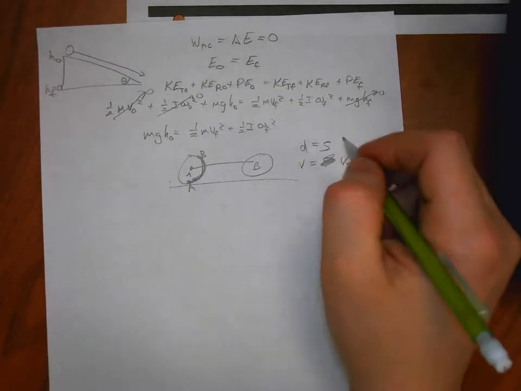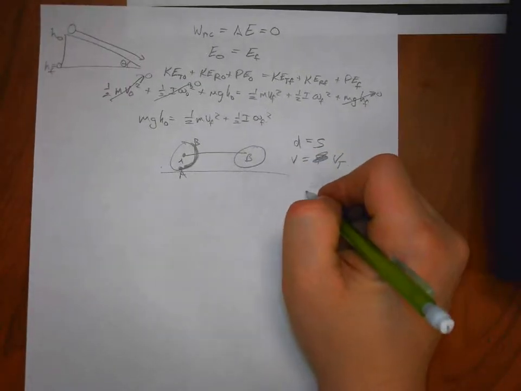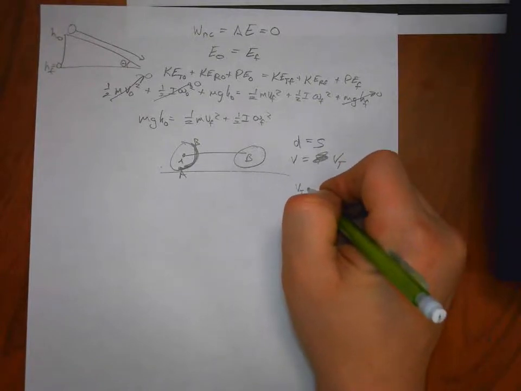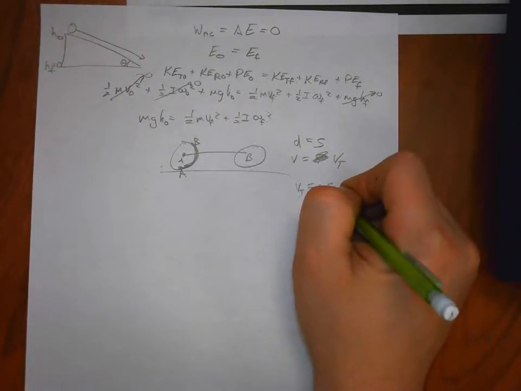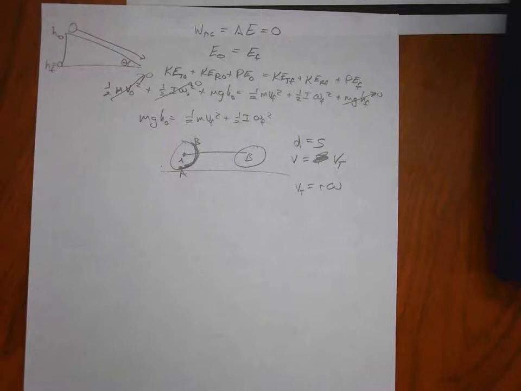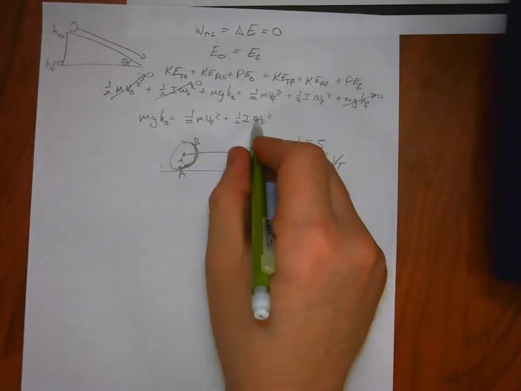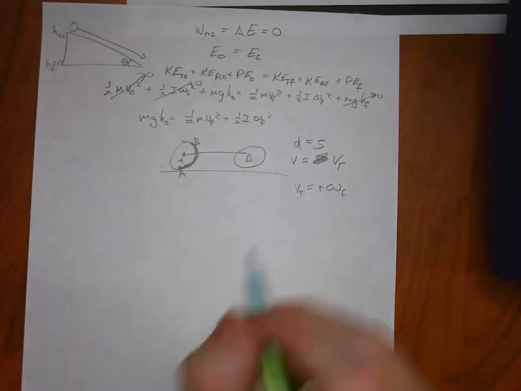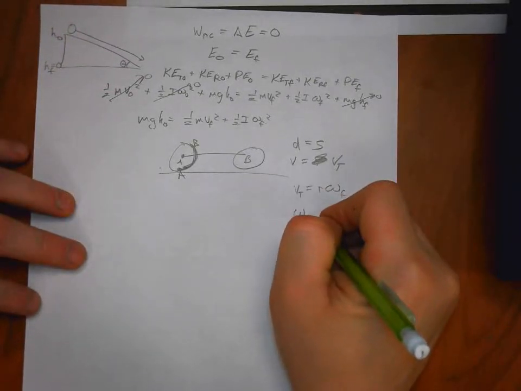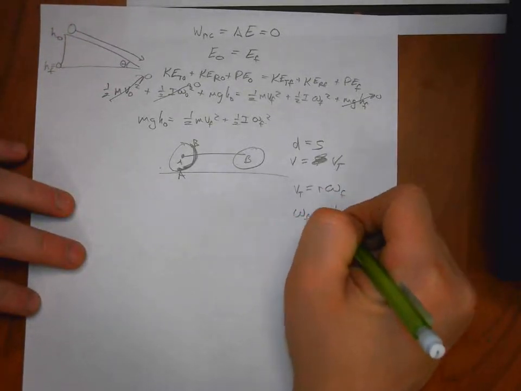And we know how to find the tangential velocity because tangential velocity is just r times omega. And it's going to be omega final because that's what we're plugging in here. Or we can say omega final is equal to Vt over r.